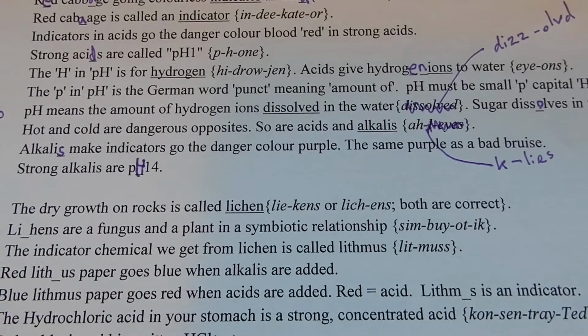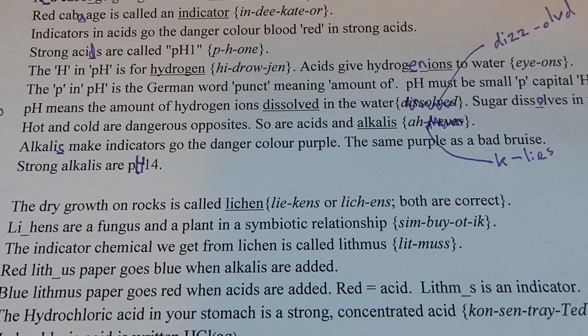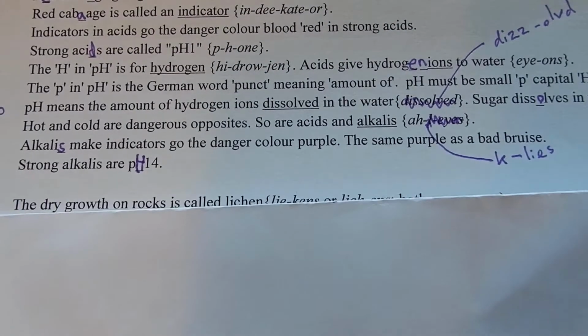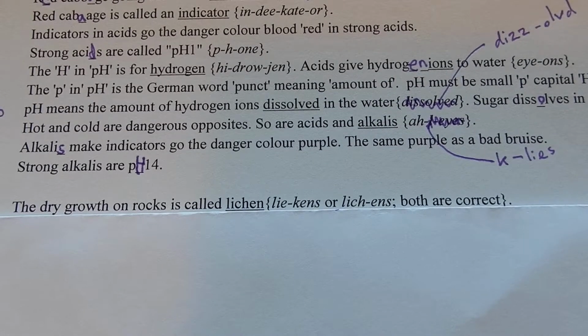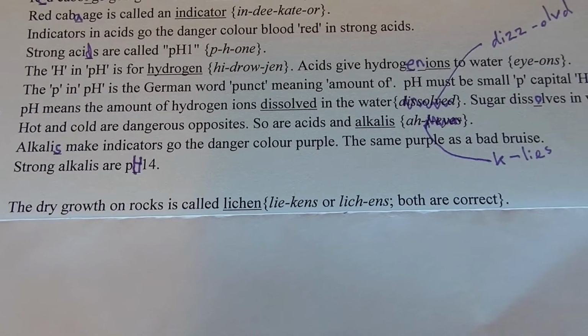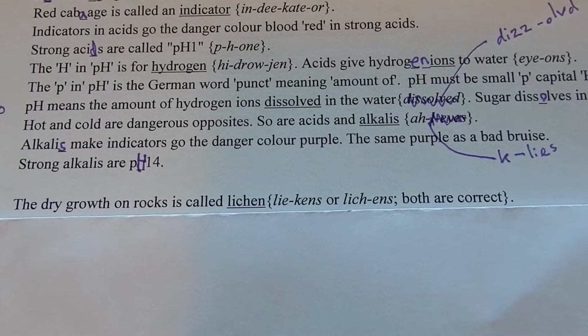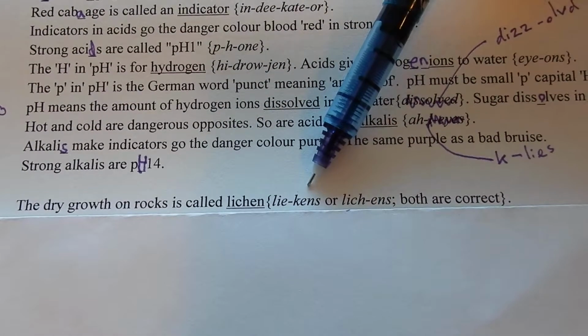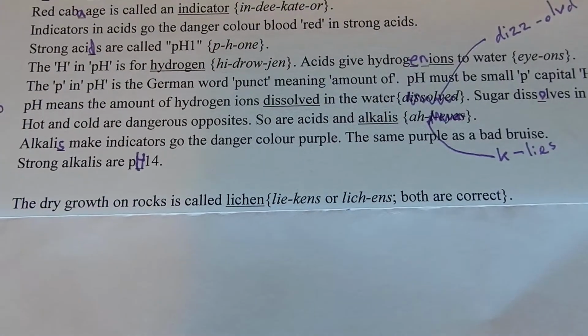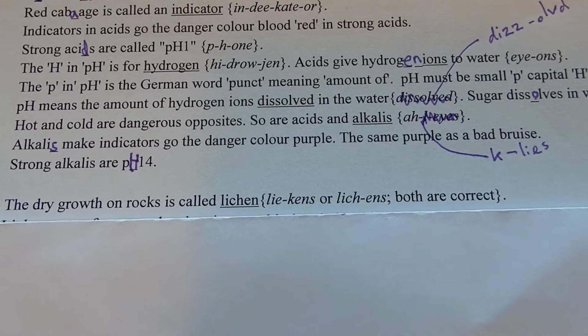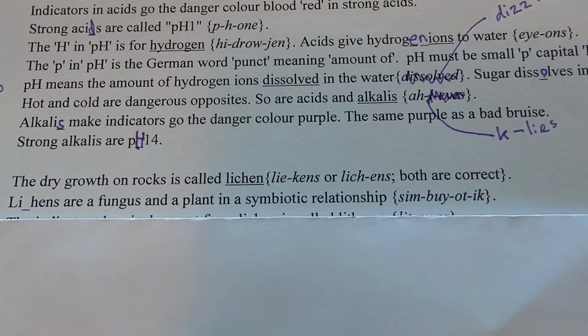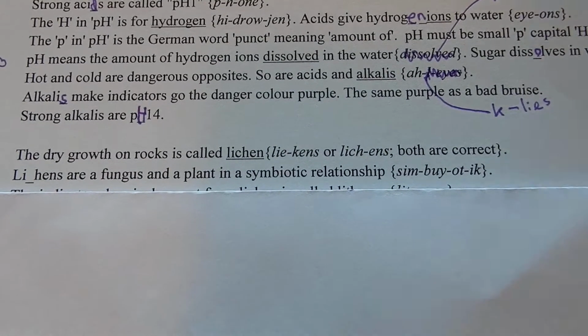The dry growth on rocks is called lichen or lichen. Both of those pronunciations are correct. These lichens are useful as indicators.